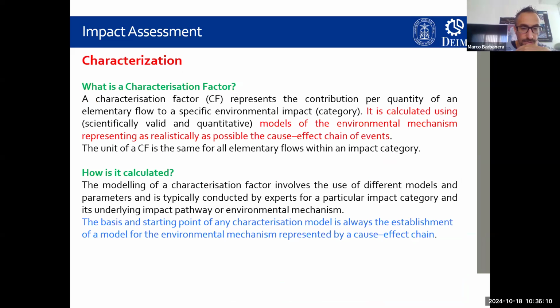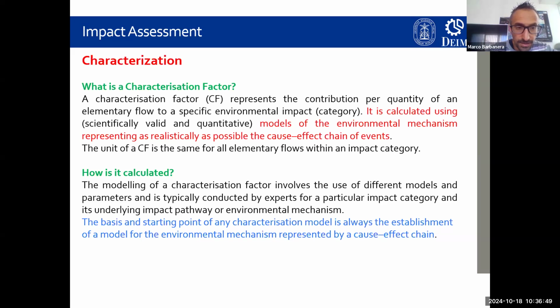After the characterization, we have said also that the definition of these characterization factors is not very easy. These characterization factors are calculated by using different models of the environmental mechanism, representing as realistically as possible the cause-effect chain of events.